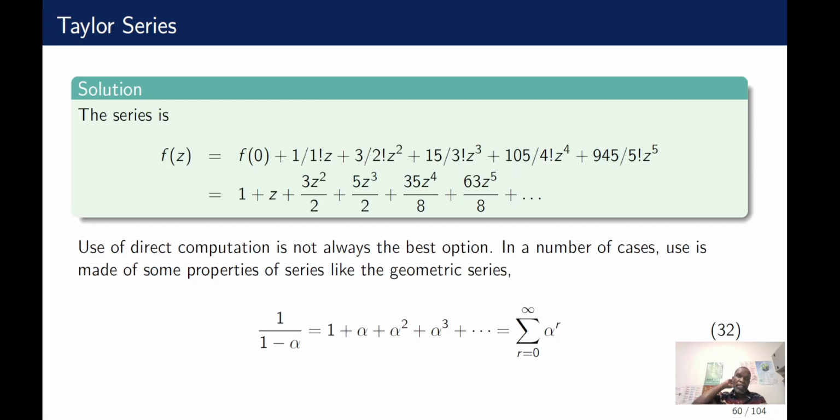If we write it out, we are going to have the series for the function. It is basically 1 plus z plus 3 over 2 z squared and so forth. We have gone as far as 5 terms.